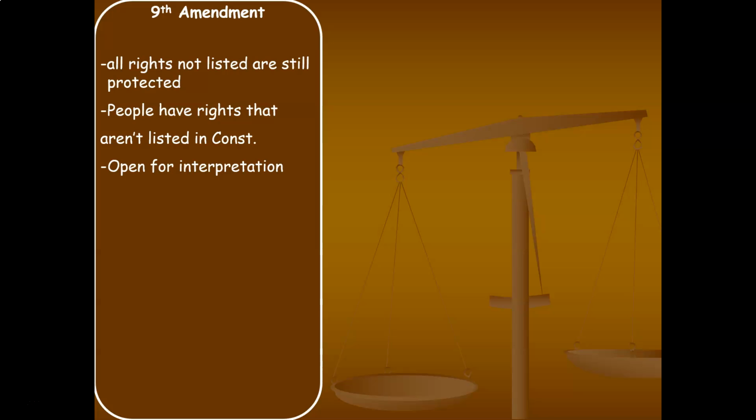People have rights that aren't listed in the Constitution, meaning that the Constitution and the Bill of Rights are open for interpretation. If it does not exist there, then that means that you potentially have the right to do it. Now, there are other laws and things in place that limit you, but in general, rights like getting a job, rights like going and getting lunch, little things that just don't need to be listed there.